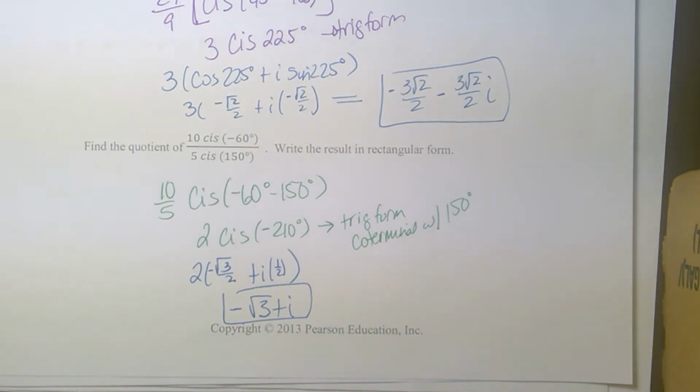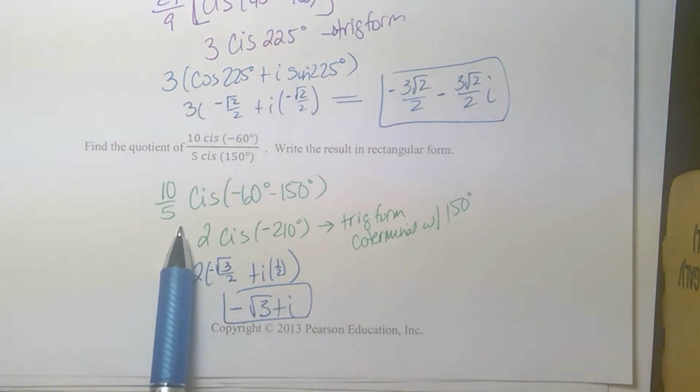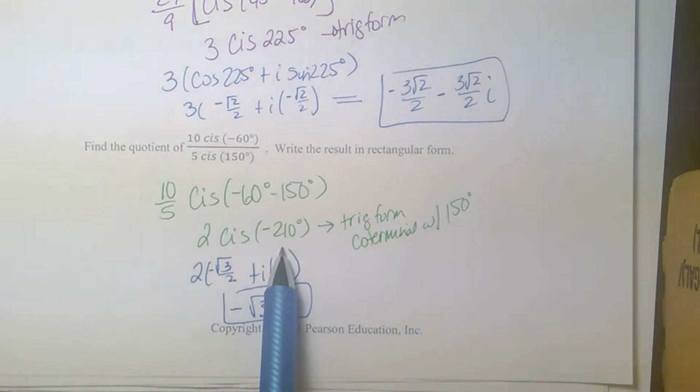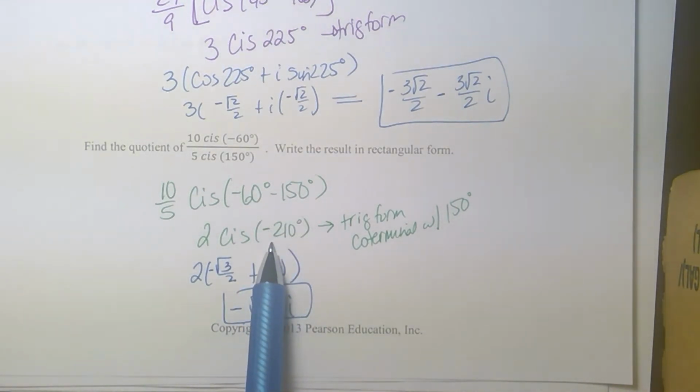So I found my quotient by dividing the moduli and then subtracting the arguments so that I know I'm working with an angle of negative 210 degrees. Remember that a negative 210 degrees means I have rotated clockwise instead of counterclockwise. We usually don't think in terms of negative angles, so I want to identify where the terminal side of that angle falls.